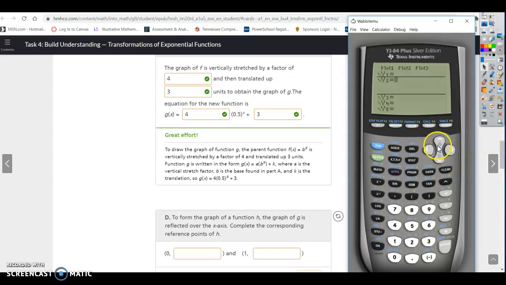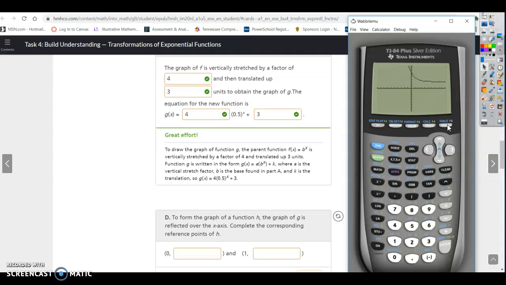If you click on y equals, you can graph this. So let's graph 4 times 0.5, or you can put in 1/2, it doesn't matter, raised to the x power. Make sure you bring this down, and I'm going to put plus 3. And then I'm going to hit graph because I want to see what this looks like.